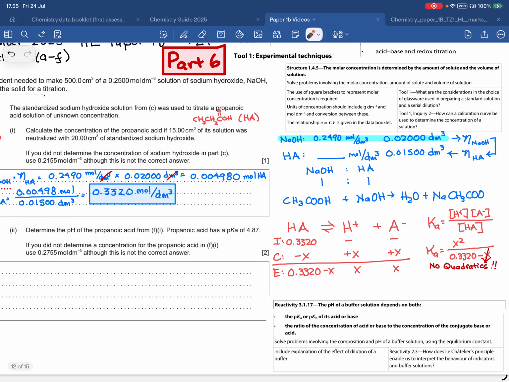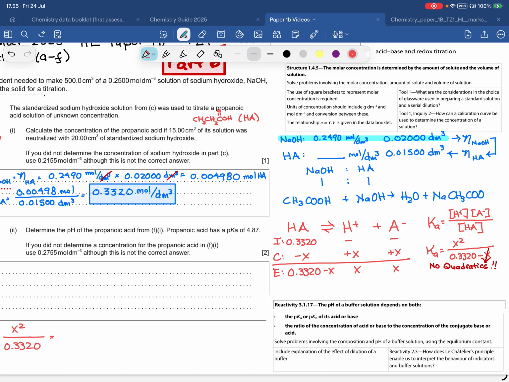All right, so if I take this bit here, okay, I end up with X squared over 0.332 is equal to Ka.